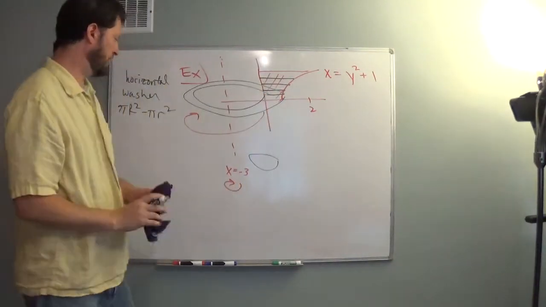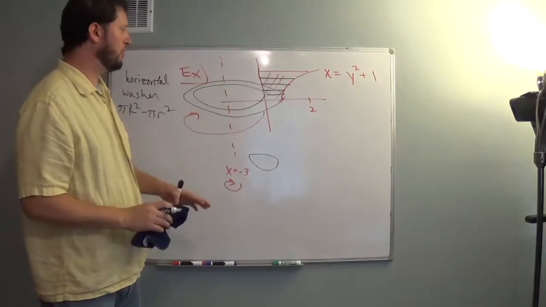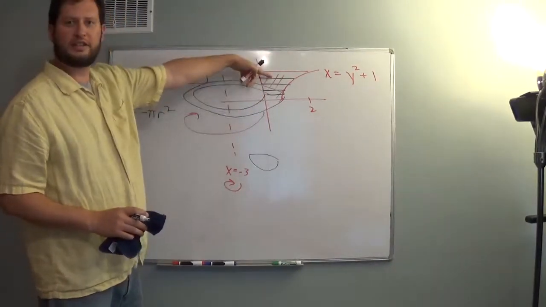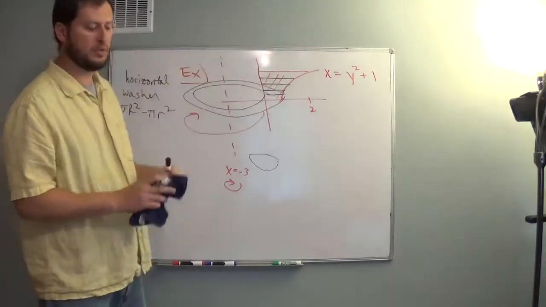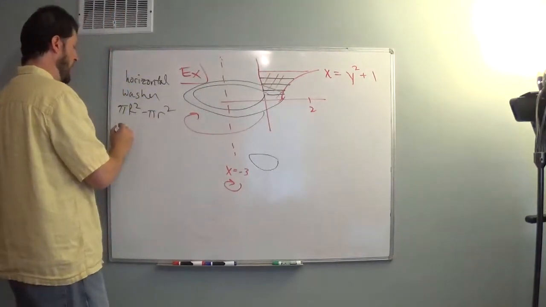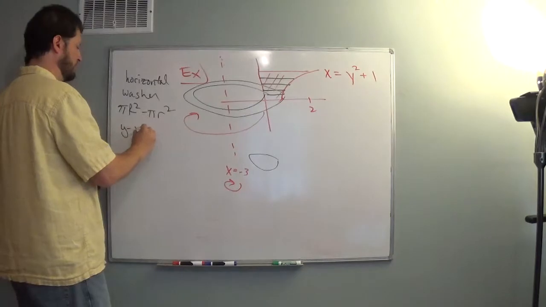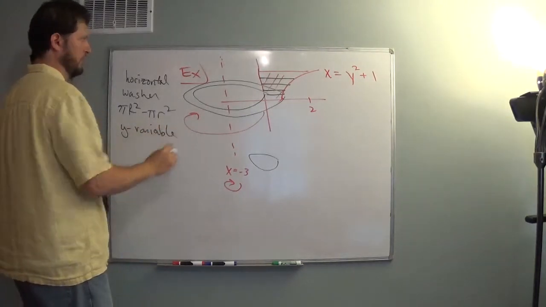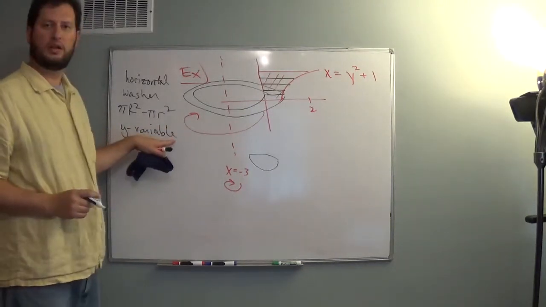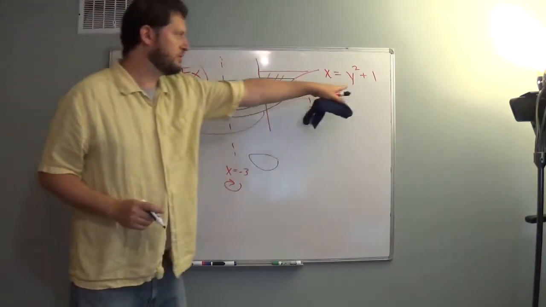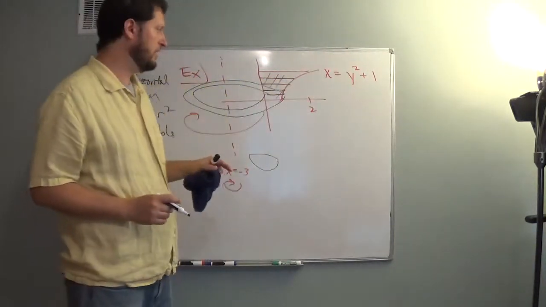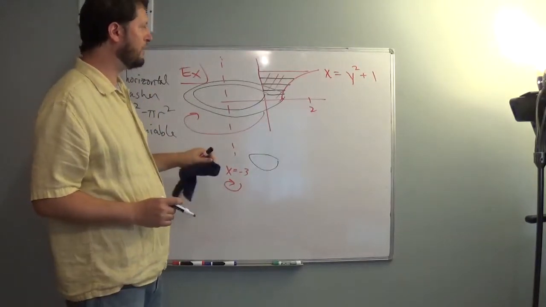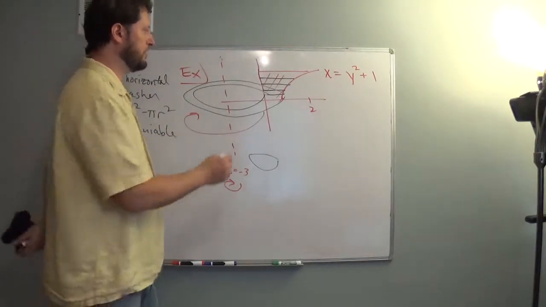Okay, well, let's ask one other thing. At this point, what is our variable? Based on our horizontal line segments, we move these horizontal line segments vertically to fill out the region, which means that y is the variable. And if y is the variable, then I need y as the variable, which is already given right here. Y is our variable in the way that's written. We need to know what are the y values for the limits of integration.